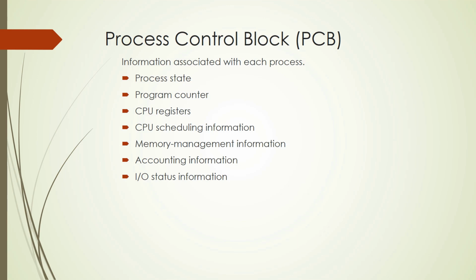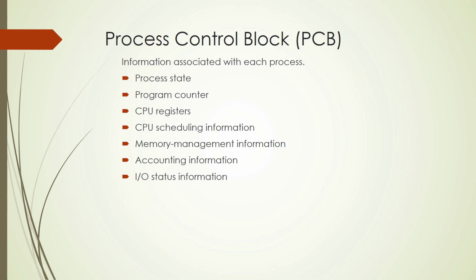Next is memory management. The information includes your base and limit register, page table, segment tables, and memory system used by the operating system. Then is your accounting information. This includes the CPU time, time limits assigned to the process for execution.